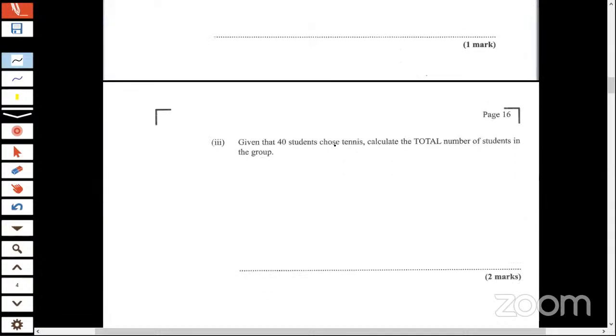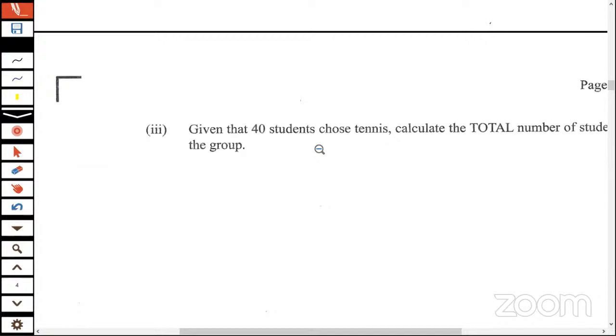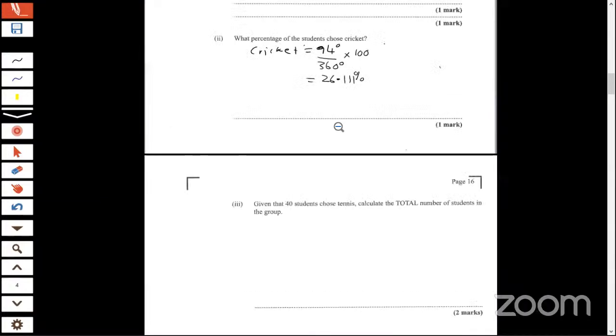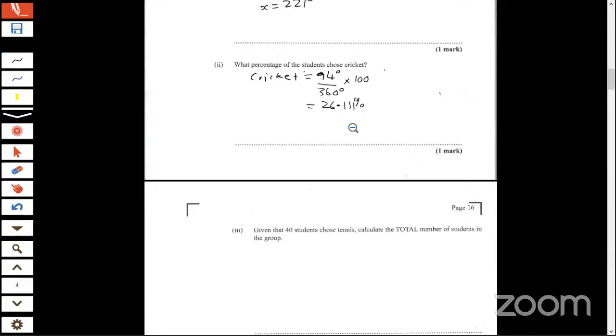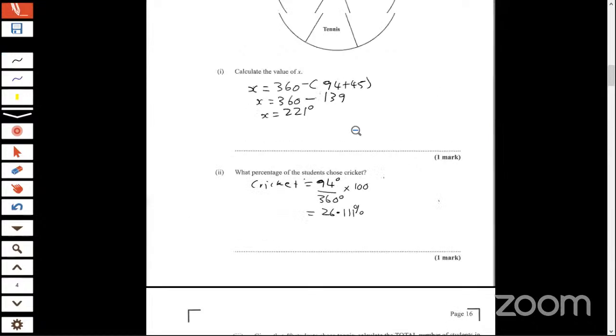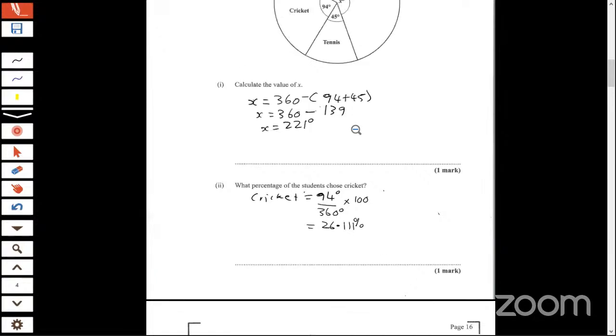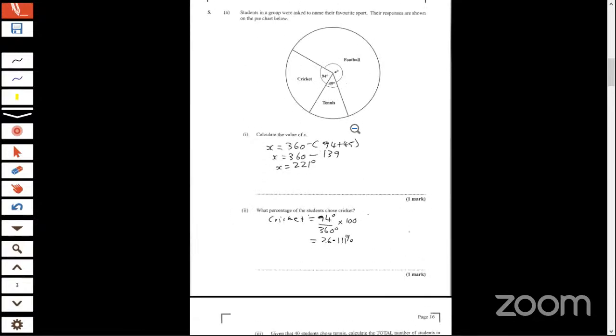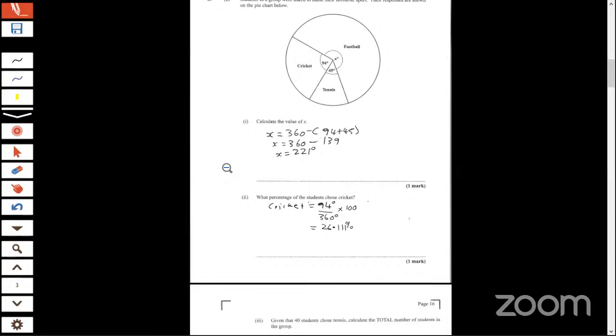It then says, given that 40 students chose tennis, calculate the total number of students in the group. All right, so let's zoom out a little so that you can see that.